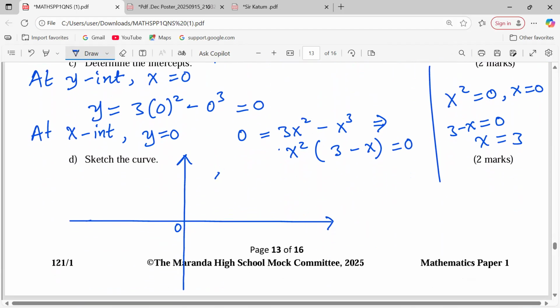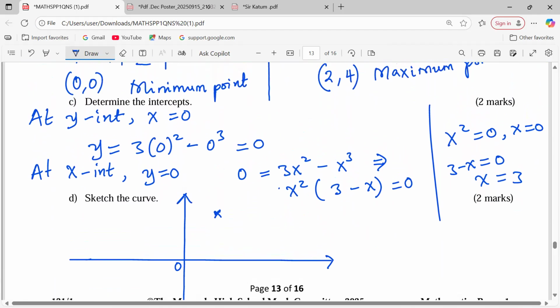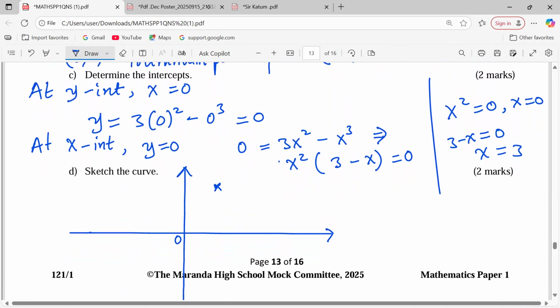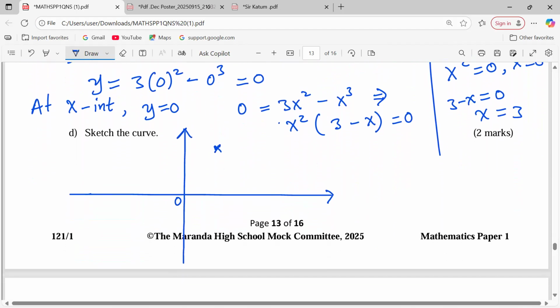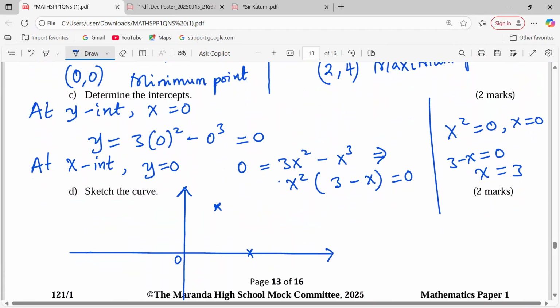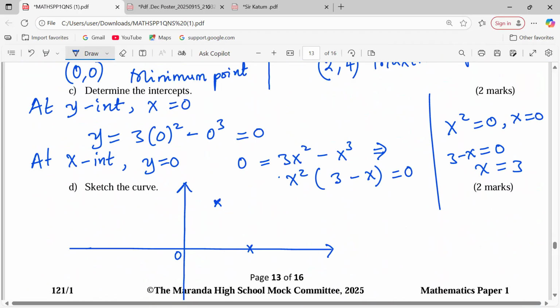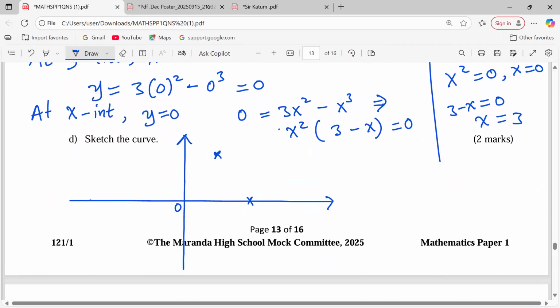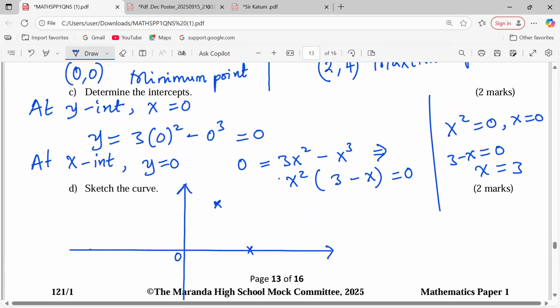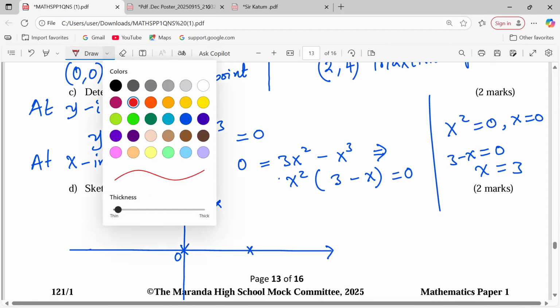The x-intercepts: one is at (0, 0), and another one is at 3. The y-intercept is only one, at (0, 0).